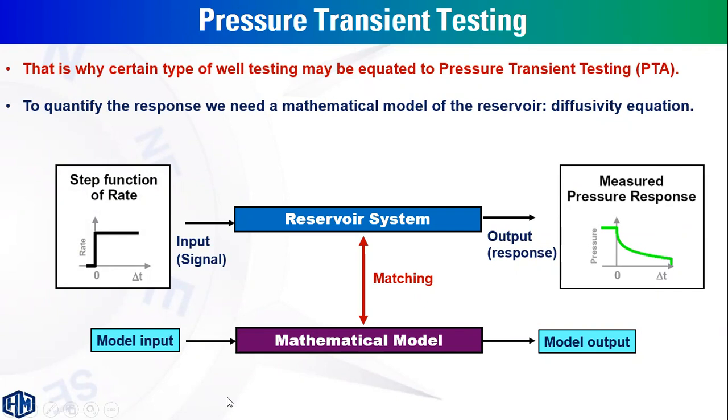So what we need is to define a specific mathematical model or diffusivity equation to convert the model inputs, or the step function of rate, to equivalent model output or equivalent interpretation, by matching the recorded data and matching the history of pressure and production rates.